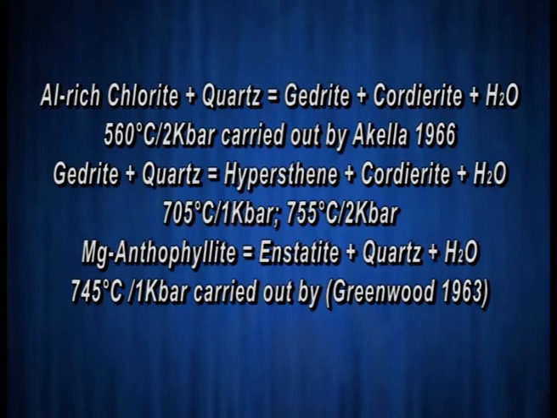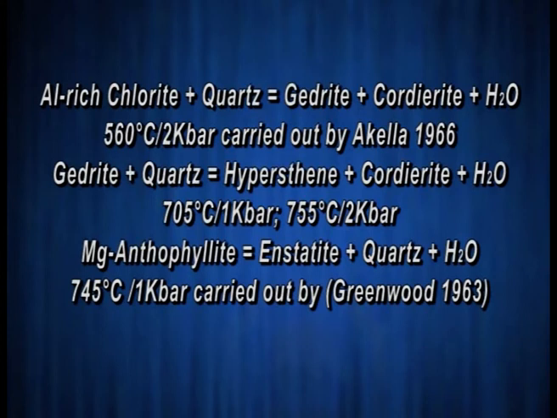The reaction Al-rich chlorite plus quartz give rise to cordierite plus water was carried out by Akella in 1966 at 560 degrees centigrade, 2 kilobar. Another reaction is cordierite plus quartz give rise to hypersthene plus cordierite plus water at 700 degrees centigrade 1 kilobar, 750 degrees centigrade 2 kilobar.